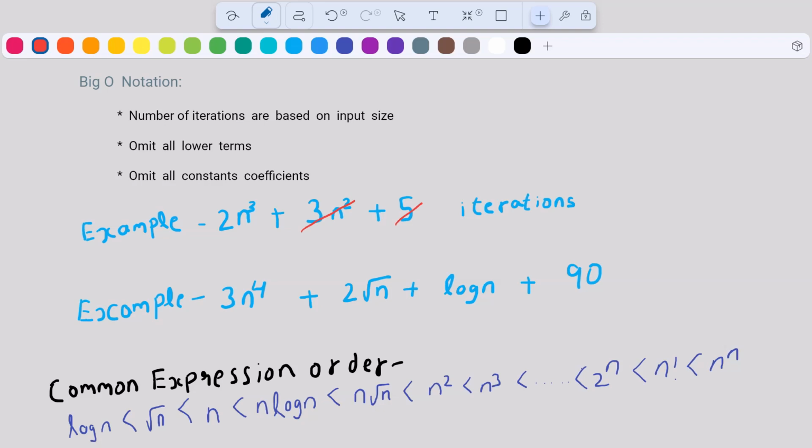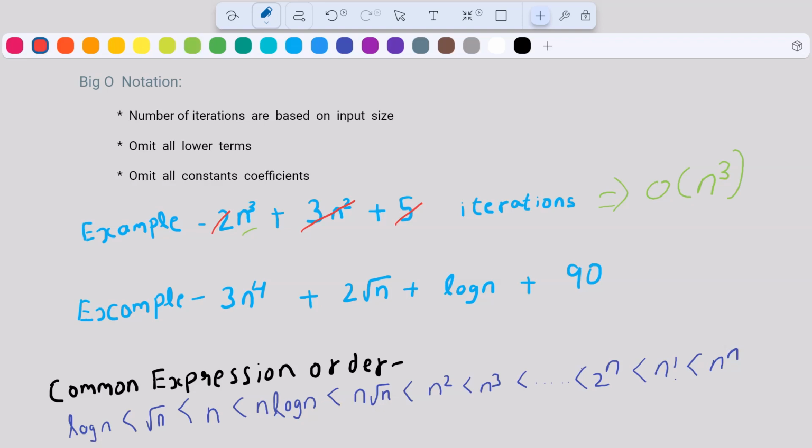All these lower terms are removed, and then we have to remove all the constant coefficients. So this is the constant coefficient for this, so remove this also, and then what will be the answer? The time complexity for this expression will be order of n to the power 3, which comes from here.